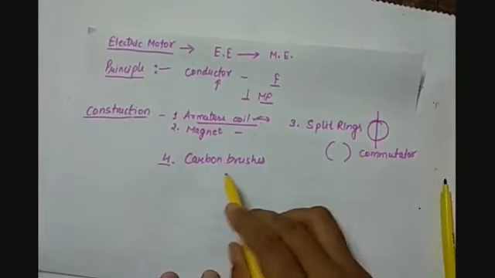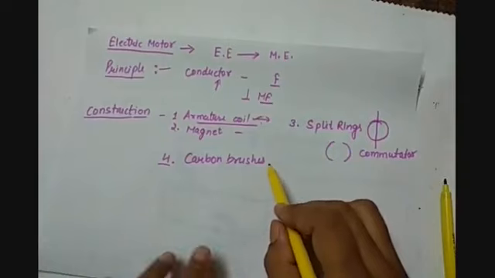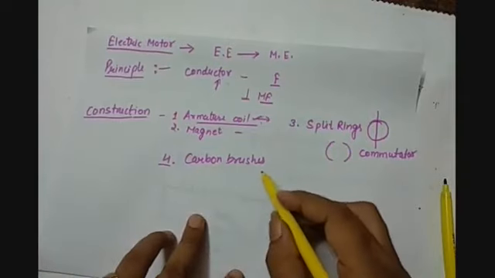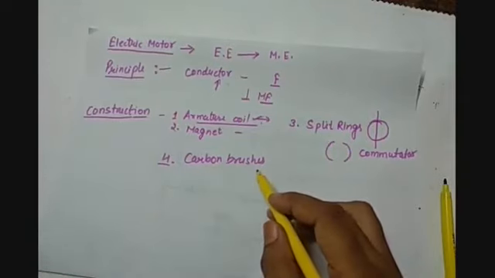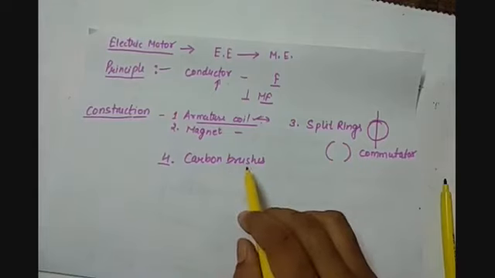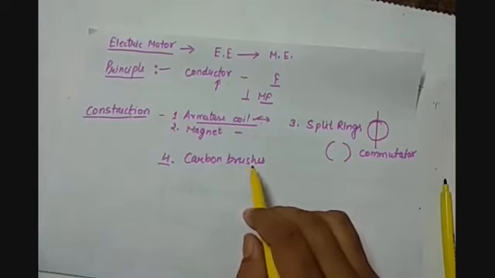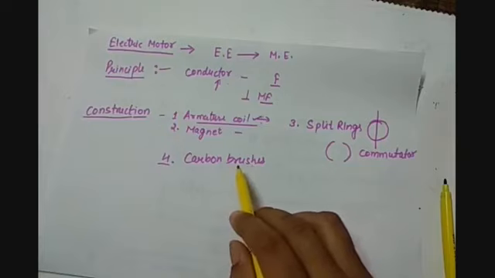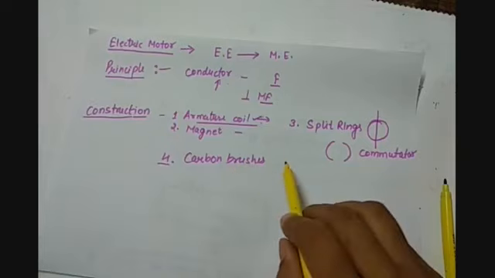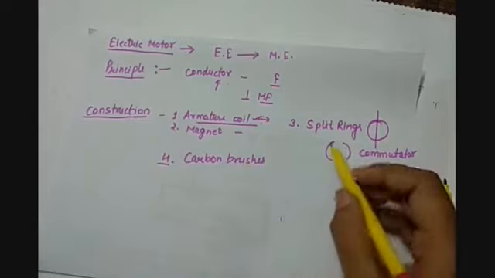You must be thinking why we have not taken any conducting material like copper here, because the carbon brushes have a very high melting point and very low resistance. You remember graphite is one of the best conductors.